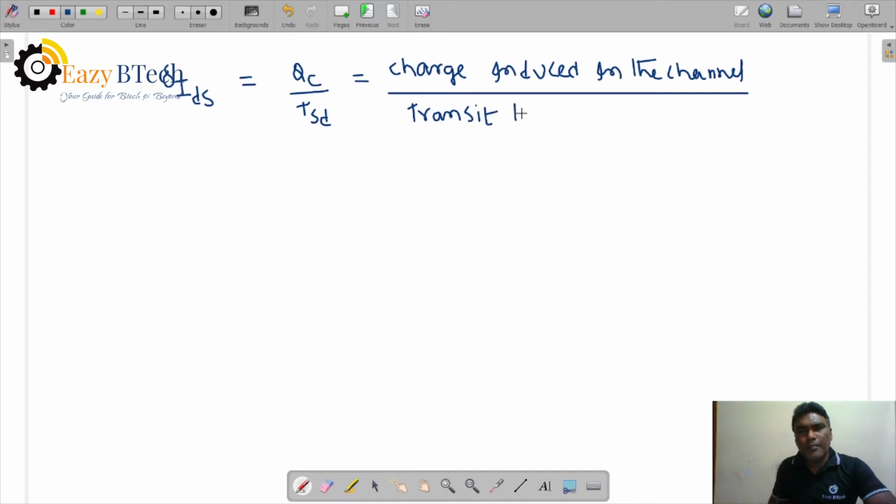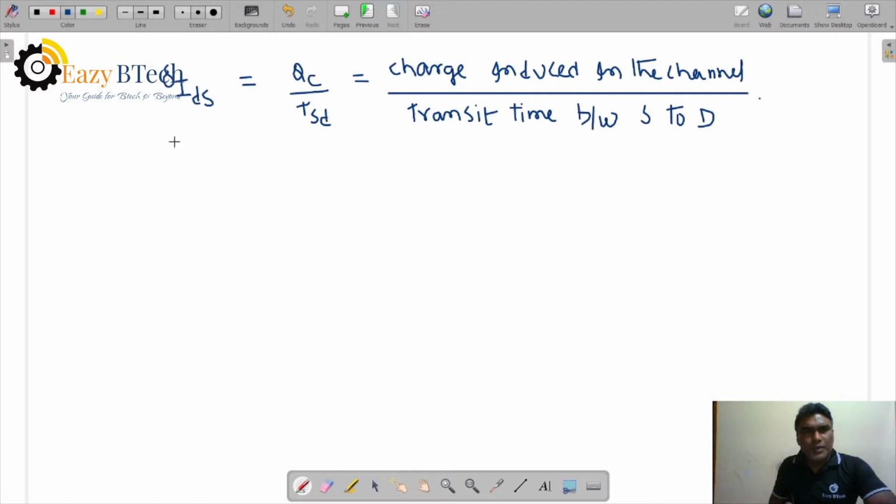We already derived this transit time, and let us see the QC substitution. Then we substitute this in IDS, and we can find out the parameters involved in transconductance.